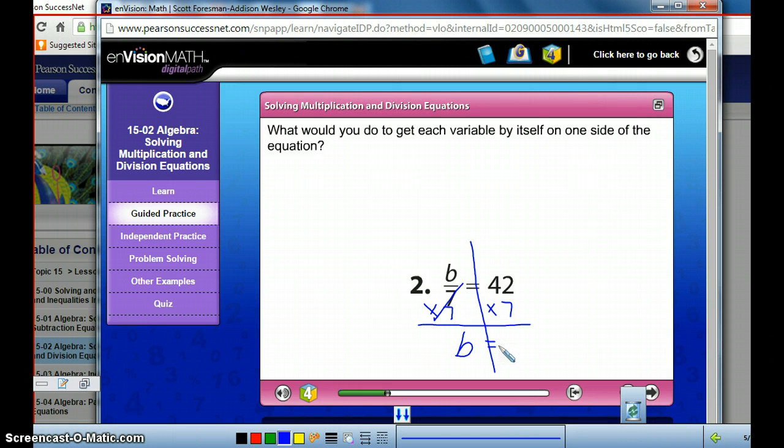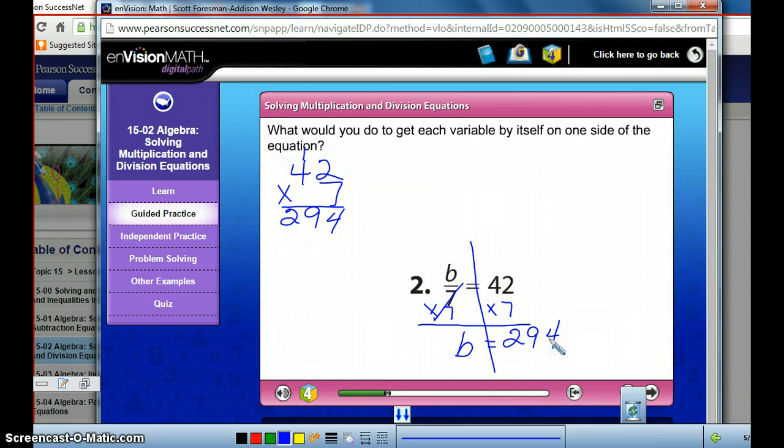On the right side, I have to come over here and figure out what 42 times 7 is. 249. Yeah, 294. Good job. B equals 294. Very good.